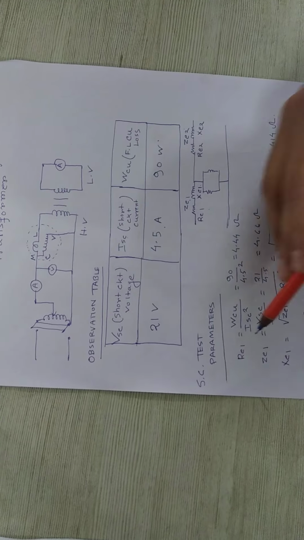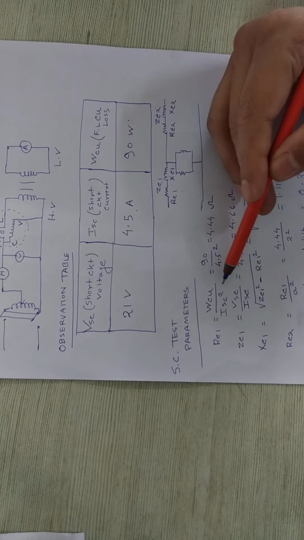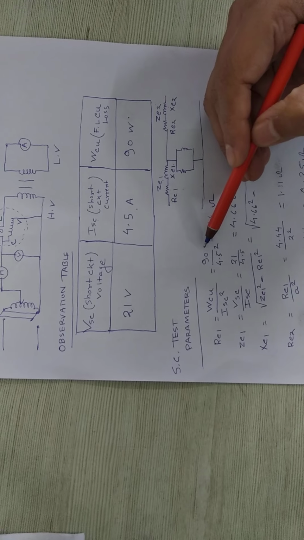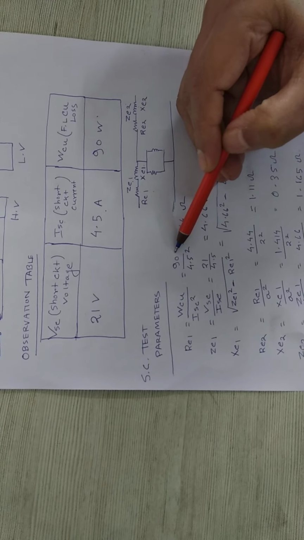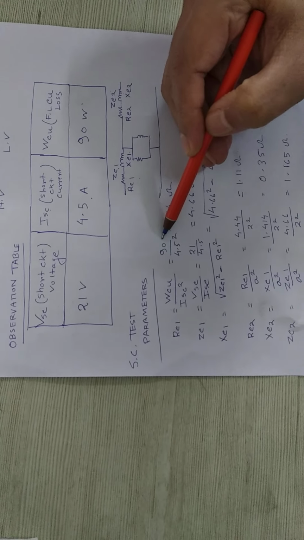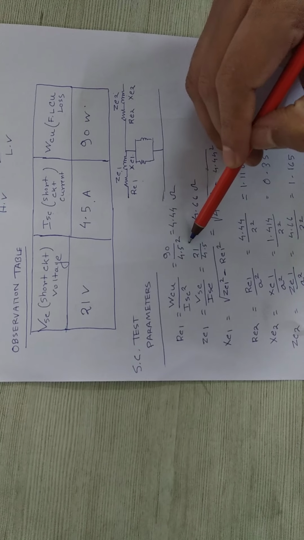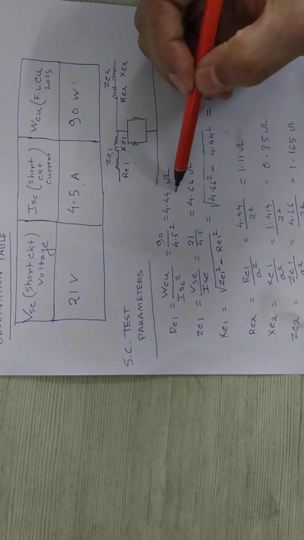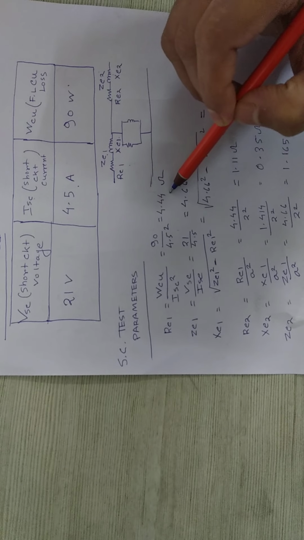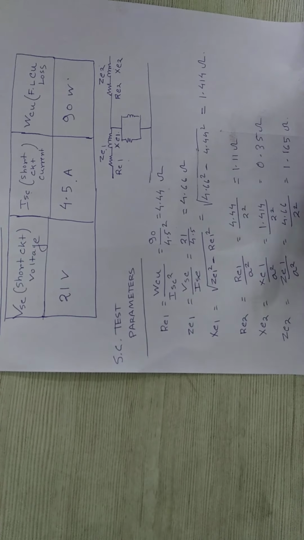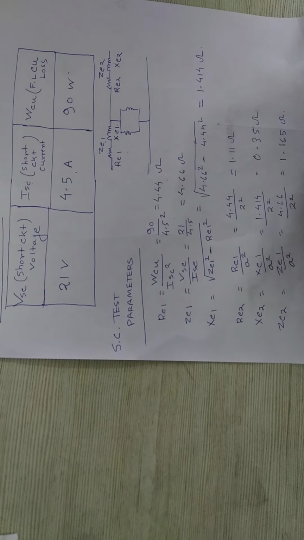So that is RE1 equals WCU by ISC square. WCU is 90 and ISC, the value of short circuit current, is 4.5 ampere, equals 4.44 ohm, that is RE1.